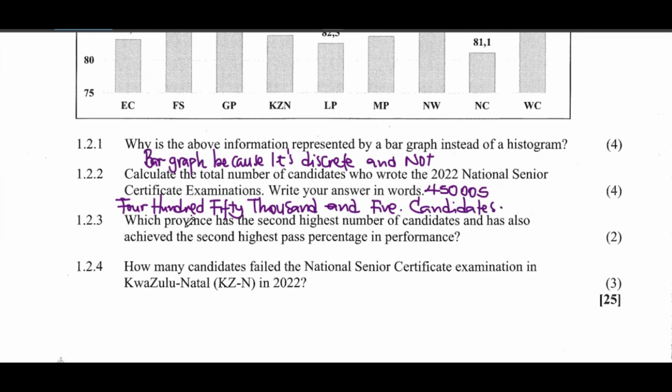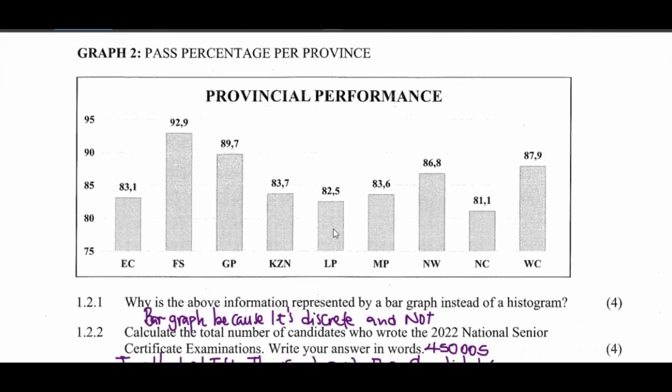Which province has the second highest number of candidates and has also achieved the second highest pass percentage in performance? Let's say the highest is this one, followed by that. So this is second, which is GP. These other ones are low. Then we come down here.